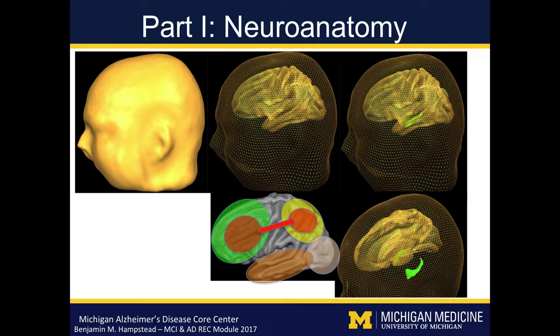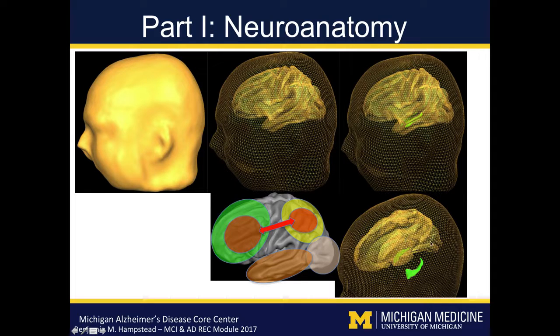One of the critical structures of the brain, if we think about the disease process of Alzheimer's and the key cognitive characteristic of learning and memory deficit, is the hippocampus, which you can see here as I move the cursor back and forth over this greenish area in the temporal lobe.